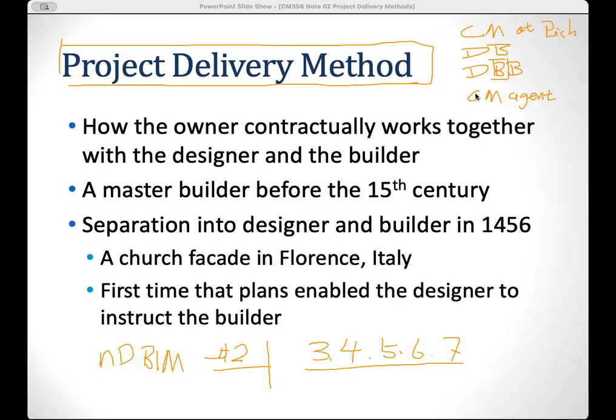Since you already did some internships this past summer, do you guys remember which project delivery method your project used? Construction management at risk. Yes, and what kind of project was that? Was it a commercial building or a residential project? It was a commercial building, I guess you could say.